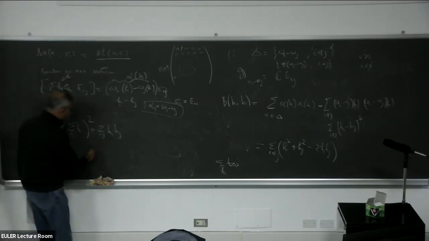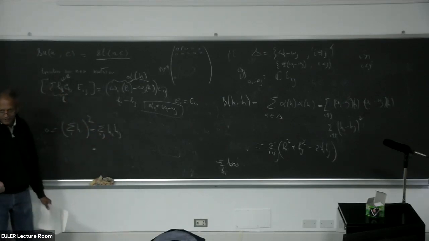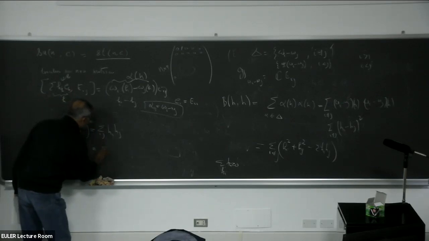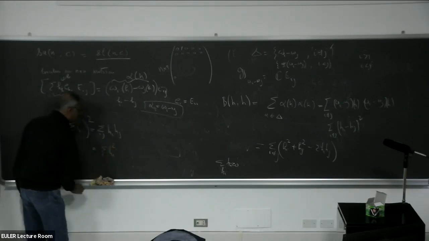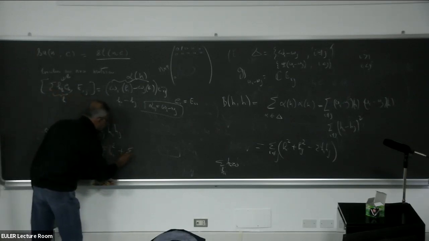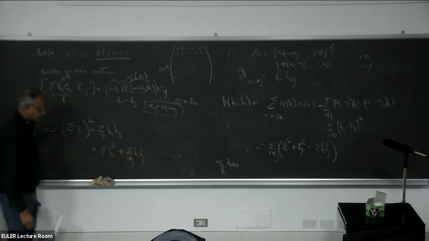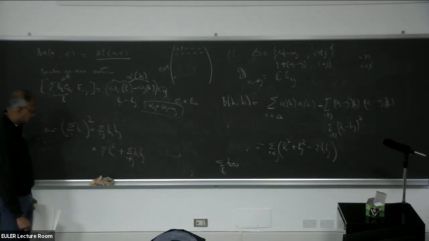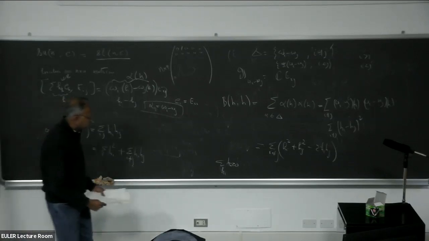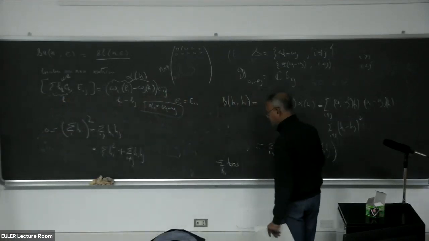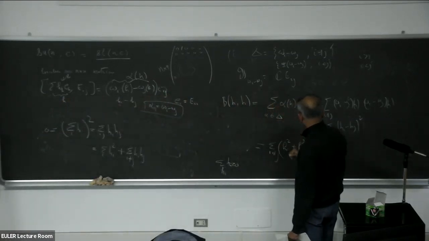So this I can split into two parts: one when i is equal to j, and the other remaining part when i is not equal to j. So one term will be the sum over hi square, plus another term when i and j are not equal, the sum over i not equal to j of hi hj.